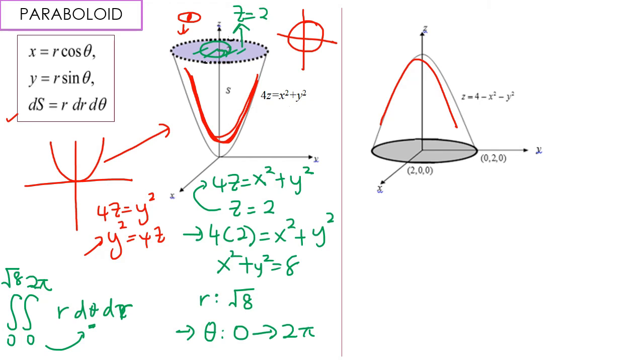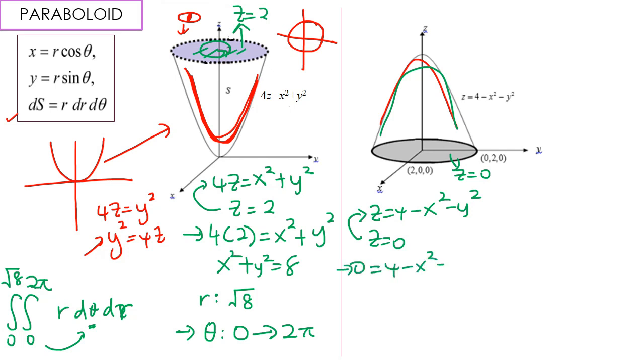How about the second one? The same thing. If you want to know the radius, you have z equal to 4 minus x squared minus y squared, and also z equal to 0, which means the paraboloid z equal to 4 minus x squared minus y squared is above z equal to 0. So you substitute z equal to 0 in this equation, and you will have x squared plus y squared equal to 4.